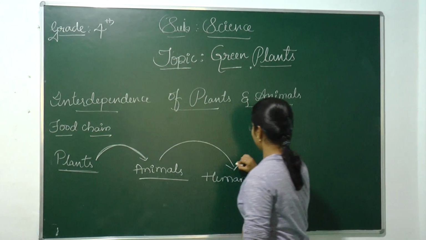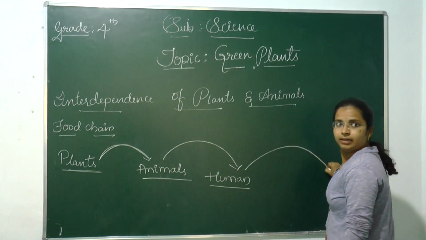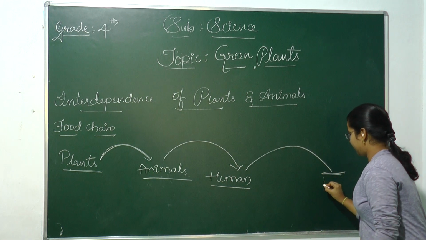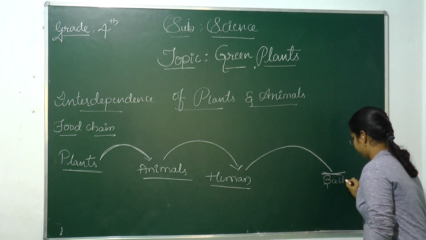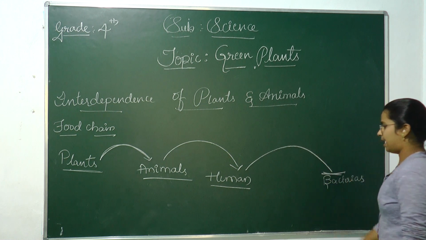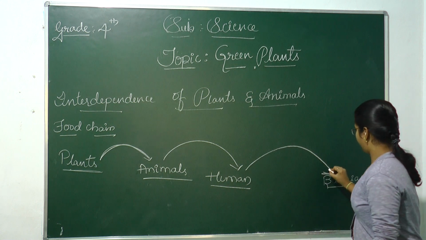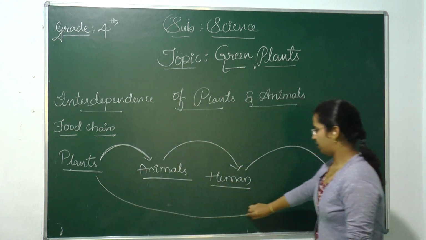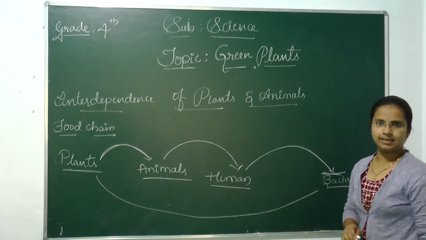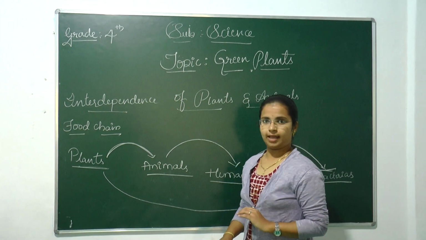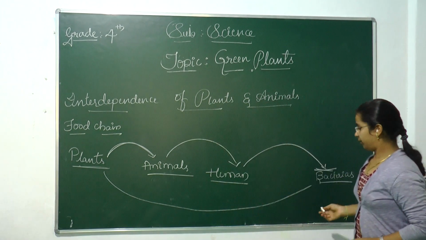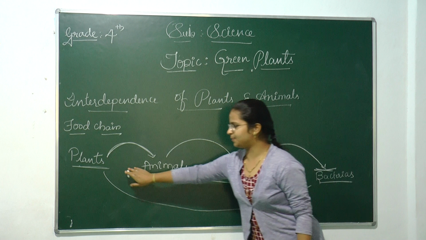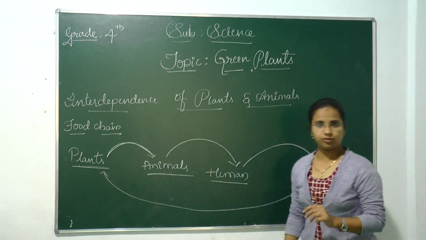Likewise, when humans die, they decay. Dead and decayed, they are eaten by some bacteria, where bacteria help plants. Okay, my dears, listen carefully. Bacteria help plants to take nutrition from the soil by working in the soil.